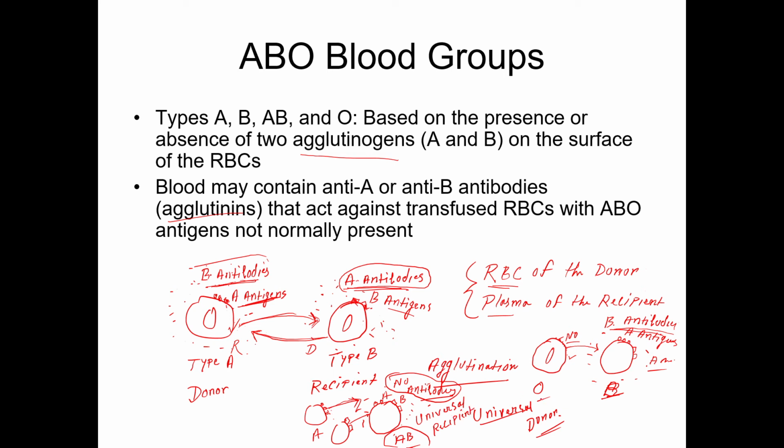Okay, so O is universal donor, AB is universal recipient, and you can practice at your home by drawing different types of blood, antigen, antibody, and practice which ones will cause transfusion reaction, which ones will not.